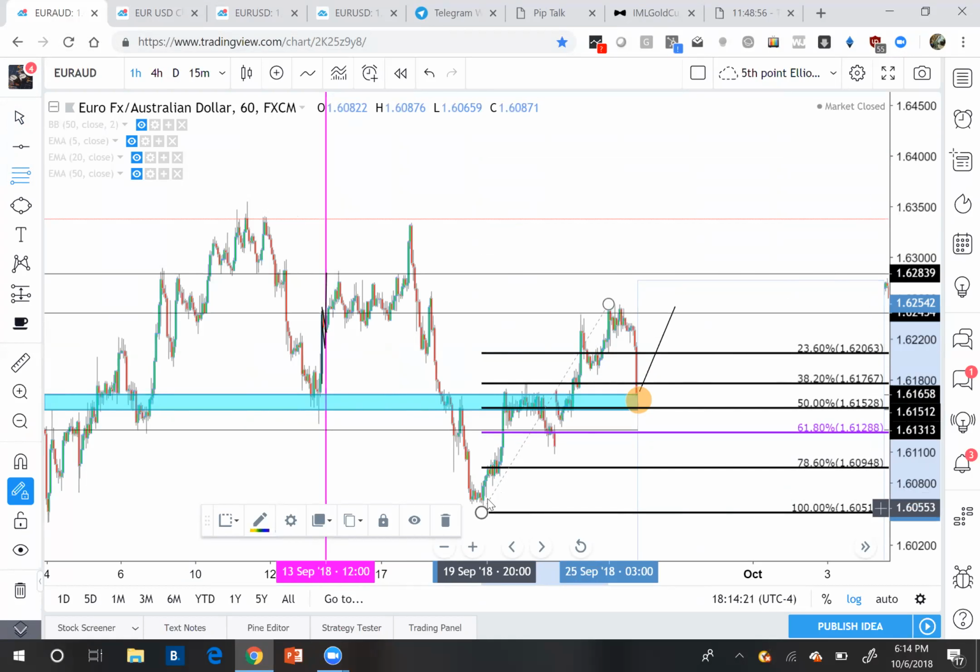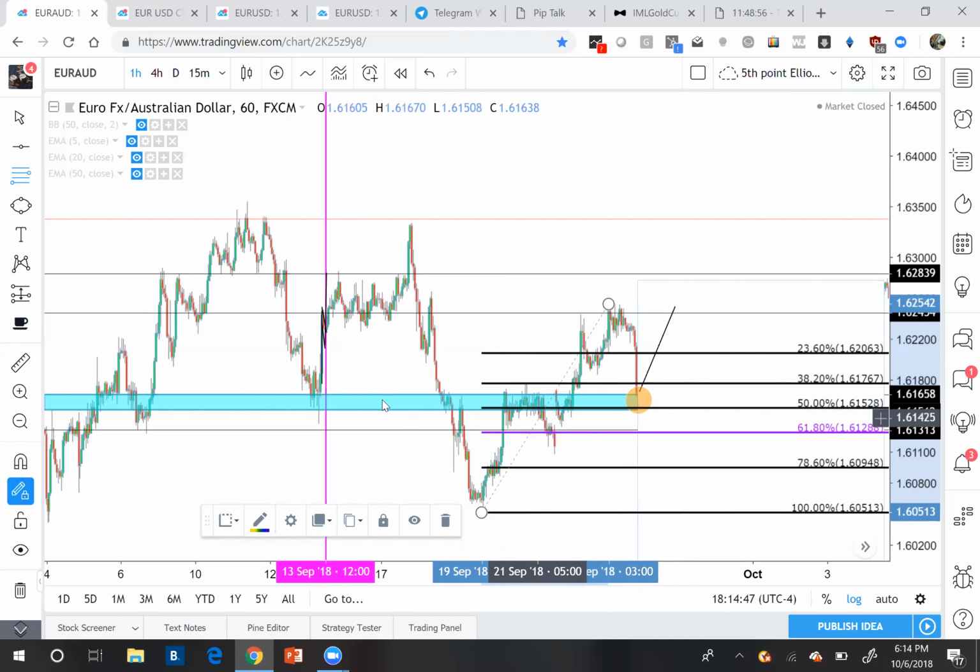Like this whole move going up here, this is the previous move in a bullish direction, an upward direction. So this is a bullish wave. It's going up. And then the price reversed. It came and started to go down. So what percentage of this upward move did the price go back and reverse?